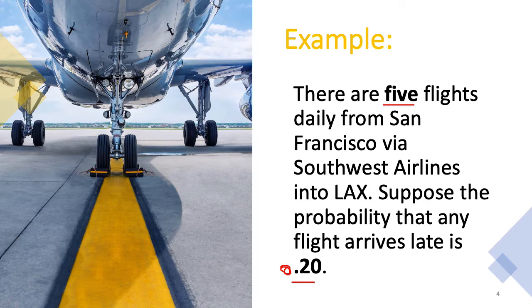The probability that any one of them is late is 0.2. We're going to assume that our favorable outcome in this experiment is a flight arriving late. So if the probability that a flight arrives late is 0.2, then the probability that a flight arrives on time is 0.8.